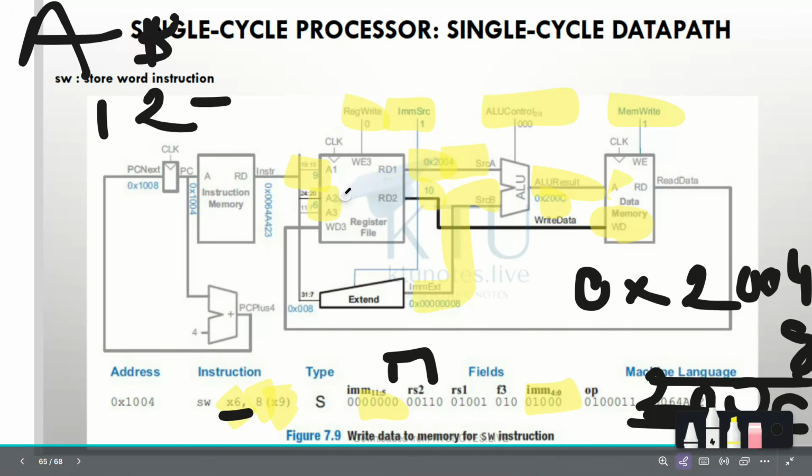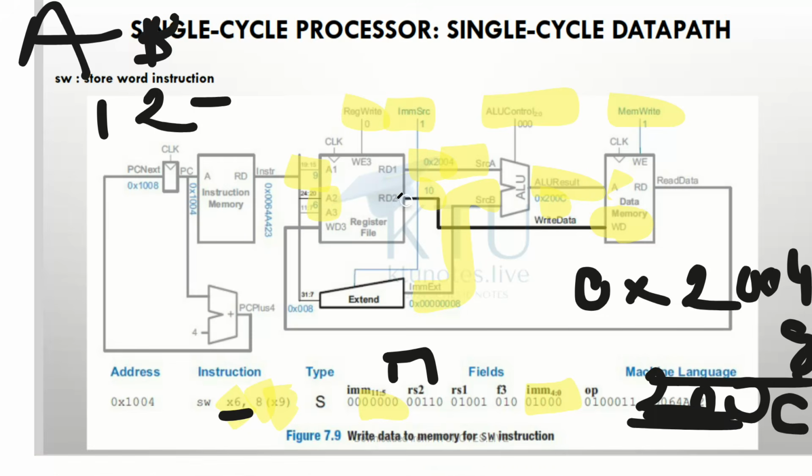And in that, RD2 would give the value in S6. I pass this 6 and RD2 would give us the value in S6, that is 10, and that 10 I am passing to WD.